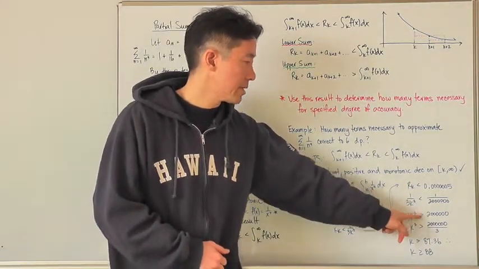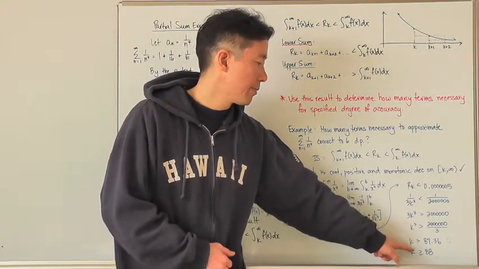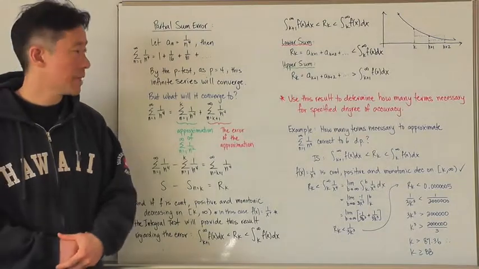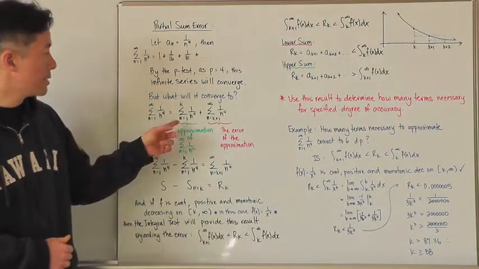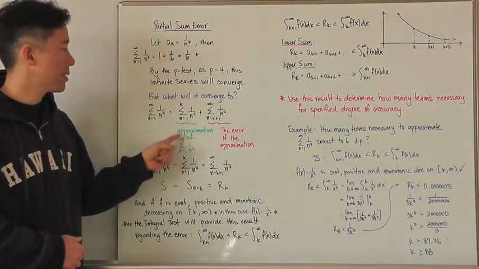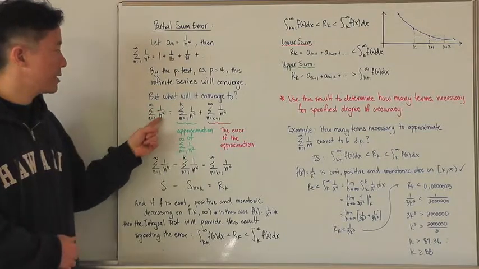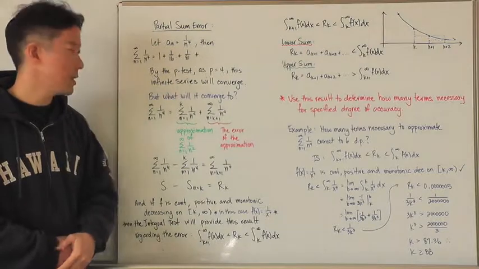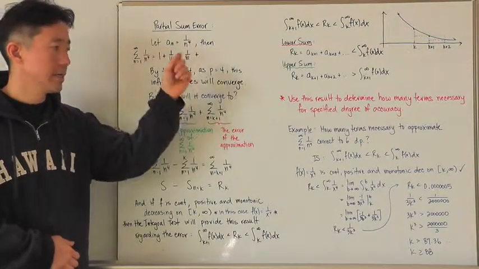If I solve this inequality, I come up with k being greater than or equal to 88. So that means I need 88 terms to come up with an approximation of this infinite series with that specified degree of accuracy, because I know that the error is less than that.